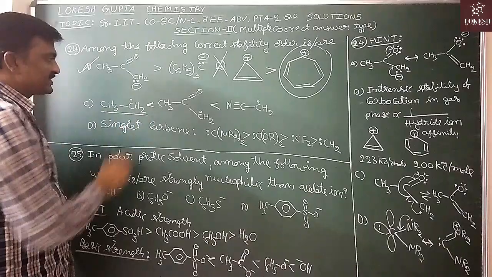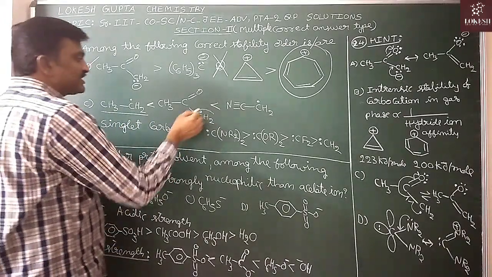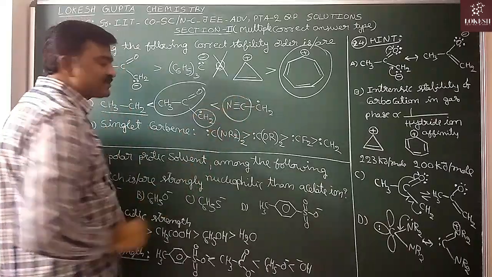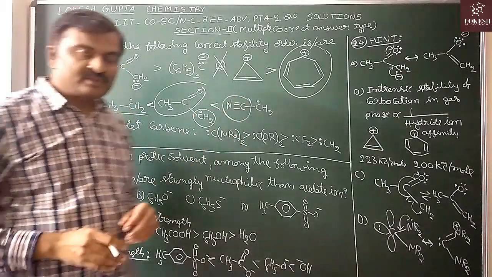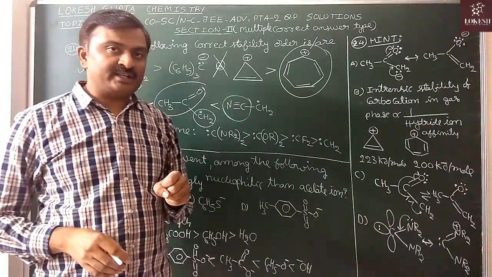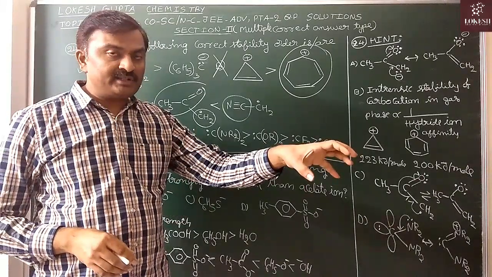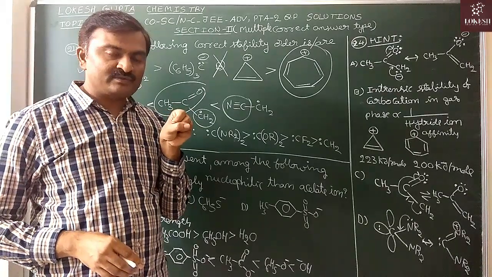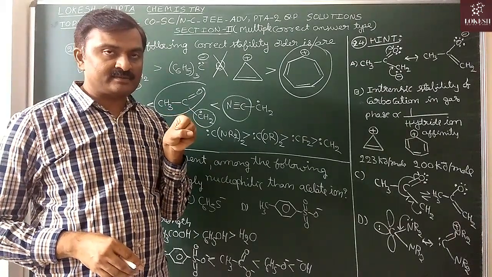Ethyl free radical, this one. In this case, to this free radical, electron withdrawing groups are attached. Here, in case of carbocations, electron donating groups will stabilize the carbocations. Electron withdrawing groups will destabilize the carbocations.